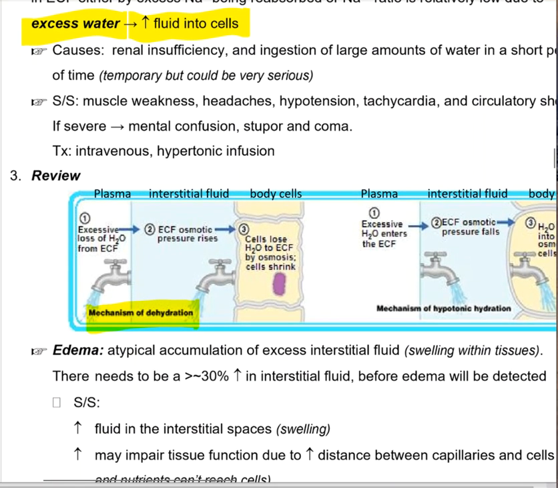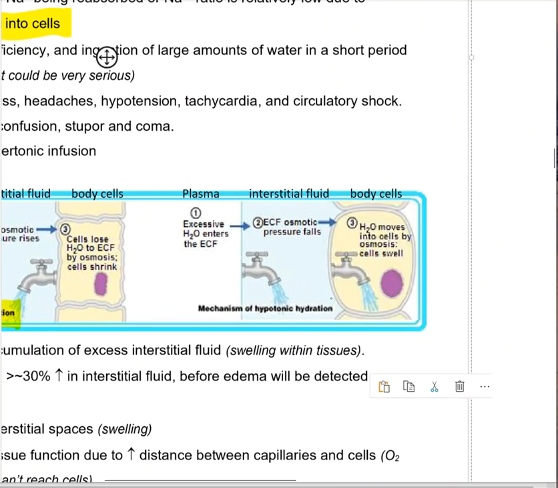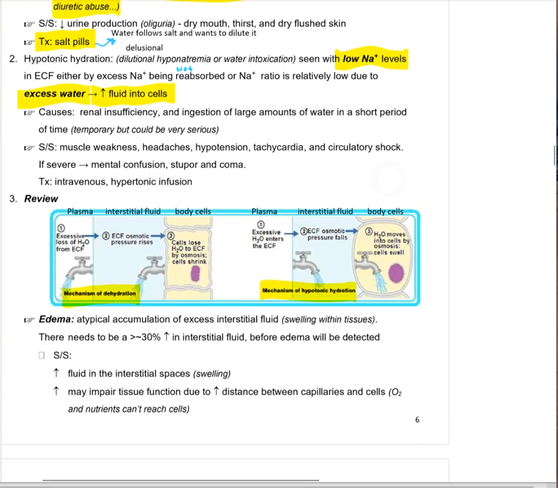So if you look over here, that's what we're seeing for this hypotonic hydration. We have too much water and less sodium. And so that water wants to then go away and make the sodium levels correct in the plasma. So the water enters the interstitial fluid, and then that water goes into the body cells, and those cells will start to swell, and they can start to not work correctly.